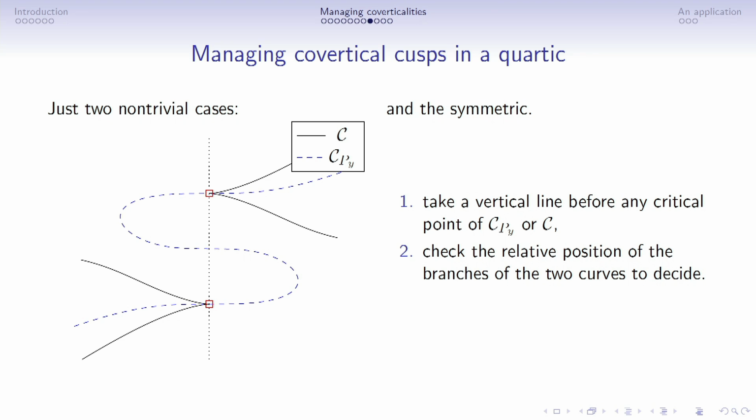I know if the branches go to the upper point or the lower point. And well, the case of quintics is a bit more tricky, but essentially uses the same ideas, so I'll stop here.